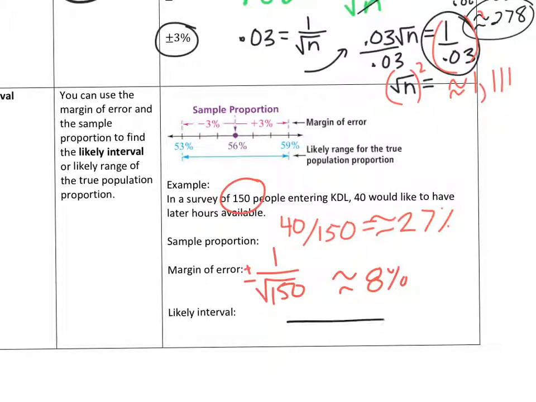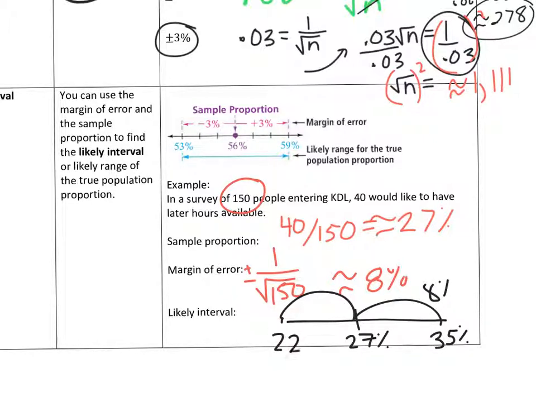So the likely interval would be to take 27% and add 8%, which would give you 35%, and then take 27% and subtract 8%, which would be 19%. So the likely interval would be 19% to 35%.